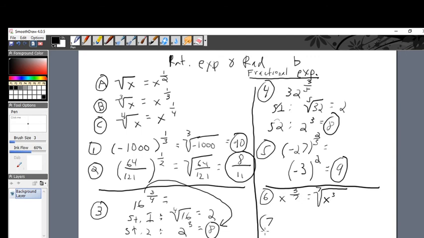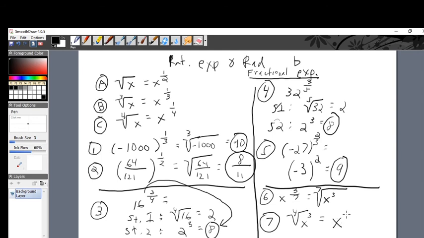What if we had to go in the opposite direction? What if they gave us the 4th root of x to the 3, and they wanted us to change this into a fractional exponent? We went from fractional exponent to radical. Now we're going from radical to fractional exponent.